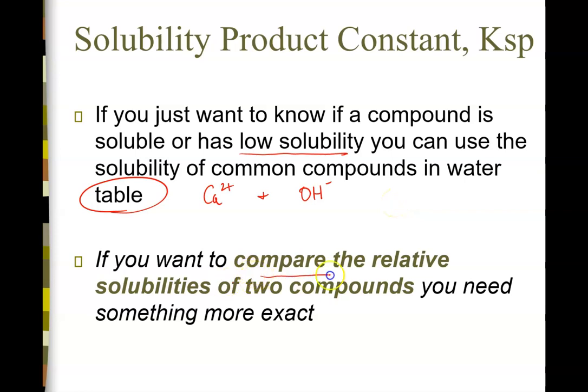But if you want to start comparing the relative solubilities of two compounds, we need something more exact. And that more exact is the nature of the Ksp. So we've got this constant which we can compare, right?